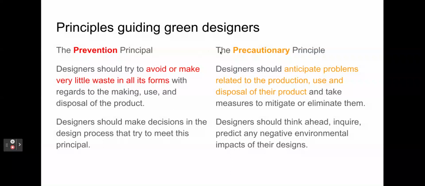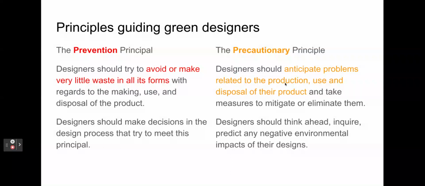So the second approach is the precautionary principle. They sound very similar. The difference is precautionary means that you are going to try and figure out what are all of the problems that might occur, not just to do with the material or energy waste, but any other problems related to the production, use, and disposal of the product that might happen.